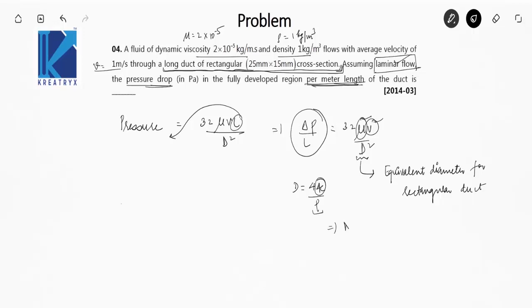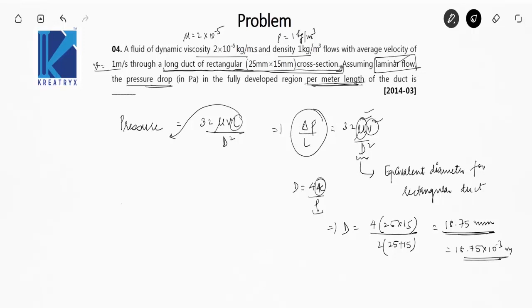So D here will be 4 into 25 into 15, the dimensions are given, upon perimeter, which is twice of 25 plus 15, which is equal to 18.75 mm. But be careful, you have to put the values here in meter. So that will be 18.75 into 10 raised to minus 3 meter.